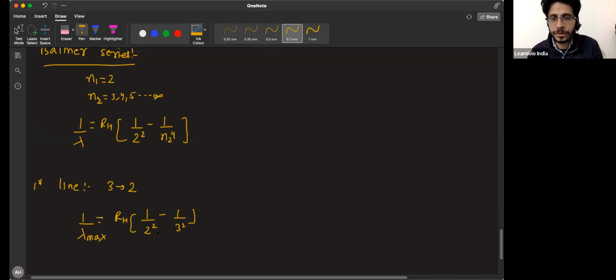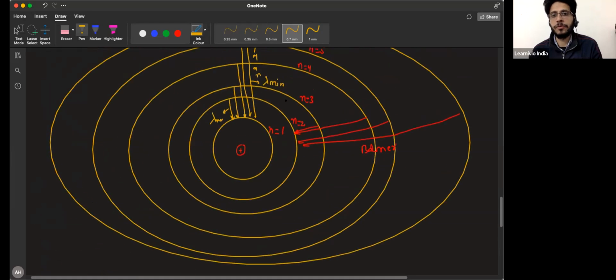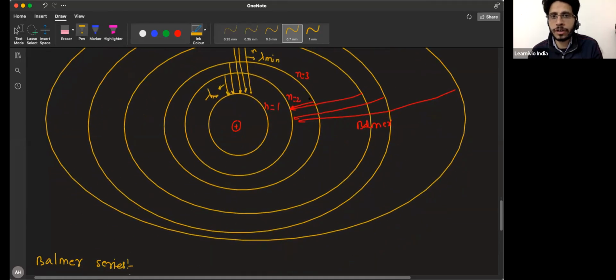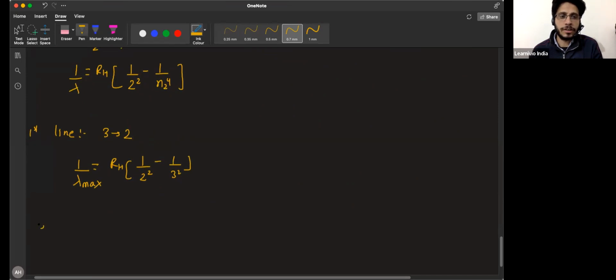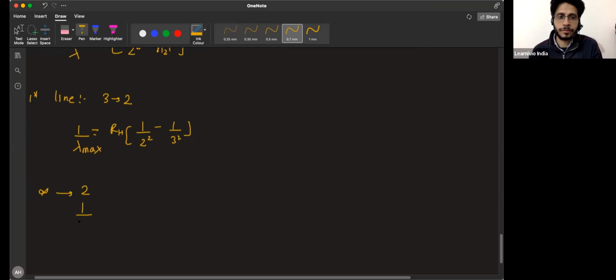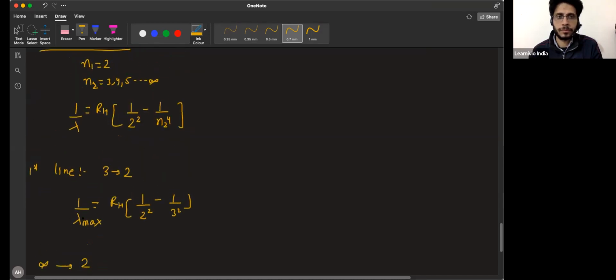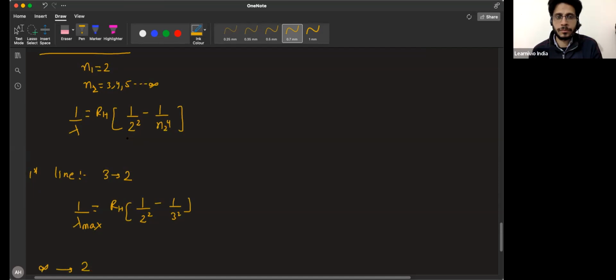See, the energy difference is minimum for 3 to 2, so the wavelength is maximum. The last transition is infinity to 2. Sir, for the formula 1 by lambda is RH, you wrote n2 raised to 4?